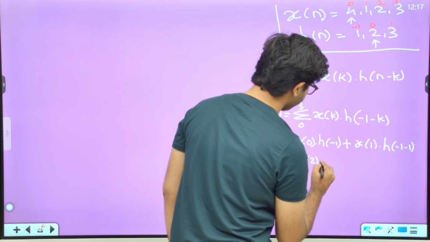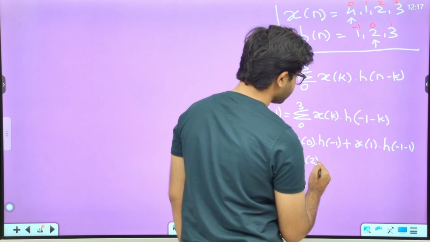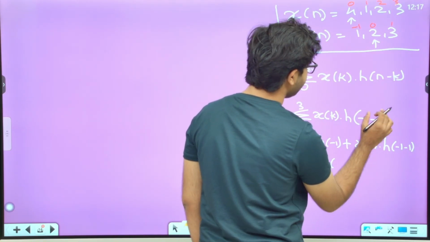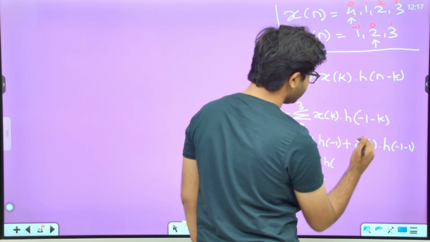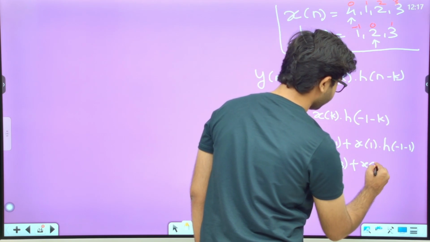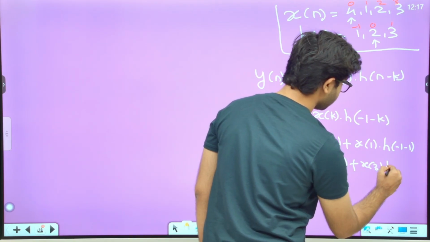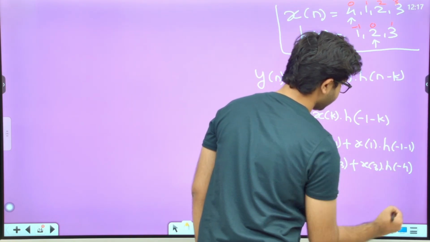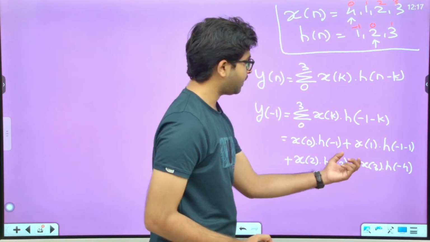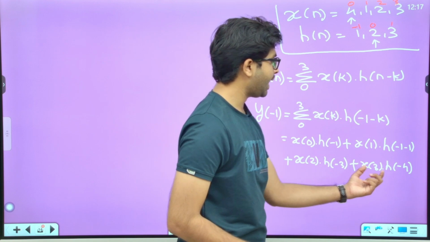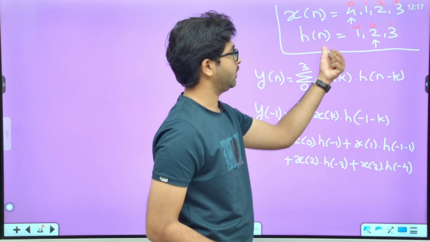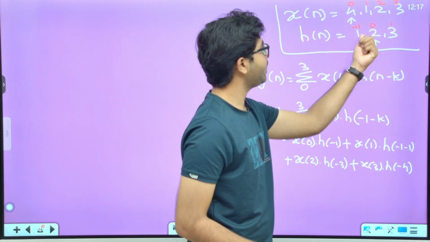Now x of 2 h of minus 1 minus 2, which is minus 3, plus x of 3 h of minus 4. If you see it carefully, the indices minus 2, minus 3 and minus 4 are not present in h of n, which only goes up to minus 1.